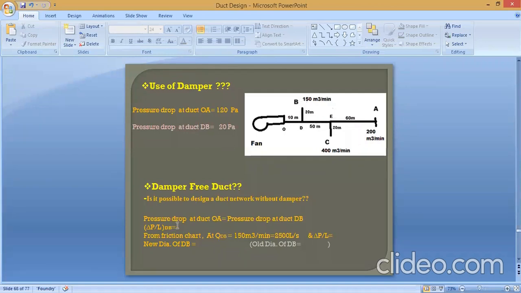We'll balance the pressure drop across D to B and D to A. So the pressure drop at O to A is balanced with the pressure drop at D to B. The pressure drop at duct O to A, we already know, is 120.